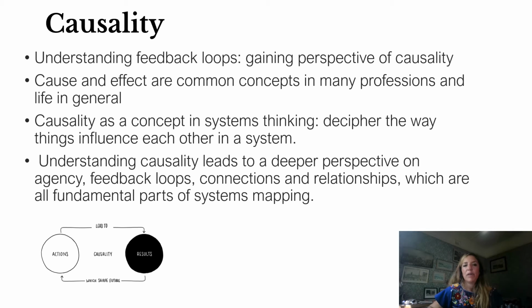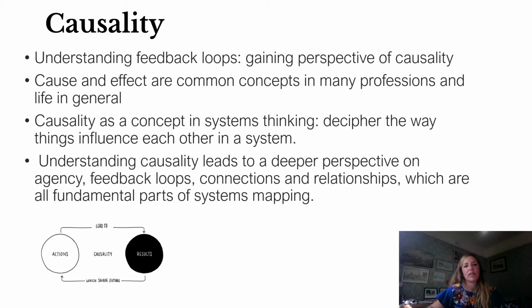So understanding feedback loops is about gaining perspective of causality, how one thing results in another thing in a dynamic and constantly evolving system. And we know all systems are dynamic and constantly changing in some way, and that has been explained in earlier chapters of the handbook. Cause and effect are common concepts in many professions and just in observing life, and we often try to teach our children this at a very young age.